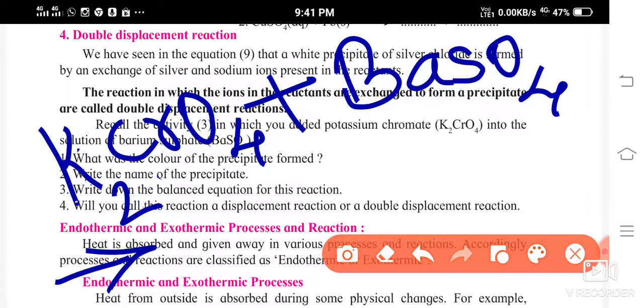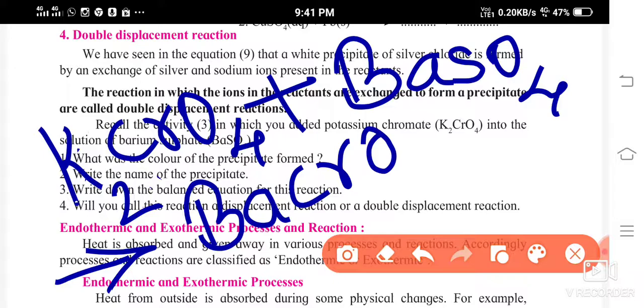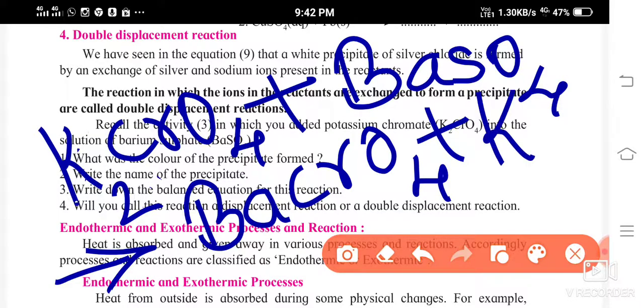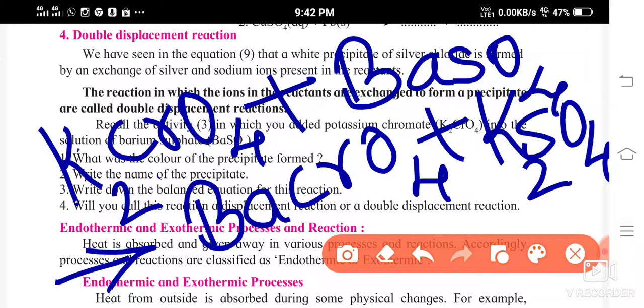So K is replaced by barium, right? So BaCrO4, that is barium chromate, is formed, plus K2SO4.